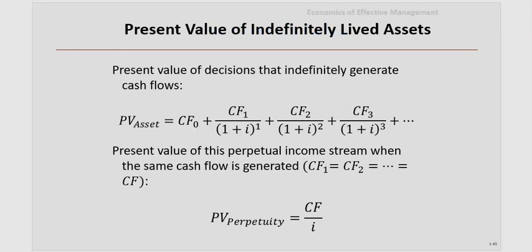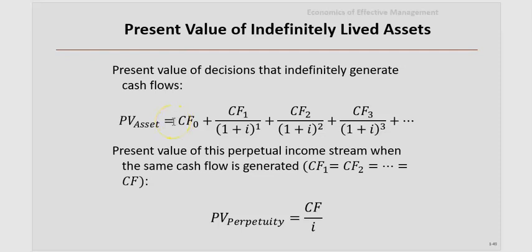There are several shortcut formulas, and the one that we'll use is the present value of a perpetuity, where a perpetuity is an indefinitely lived asset. Here CF is the cash flow, and this is the same thing as the future value.